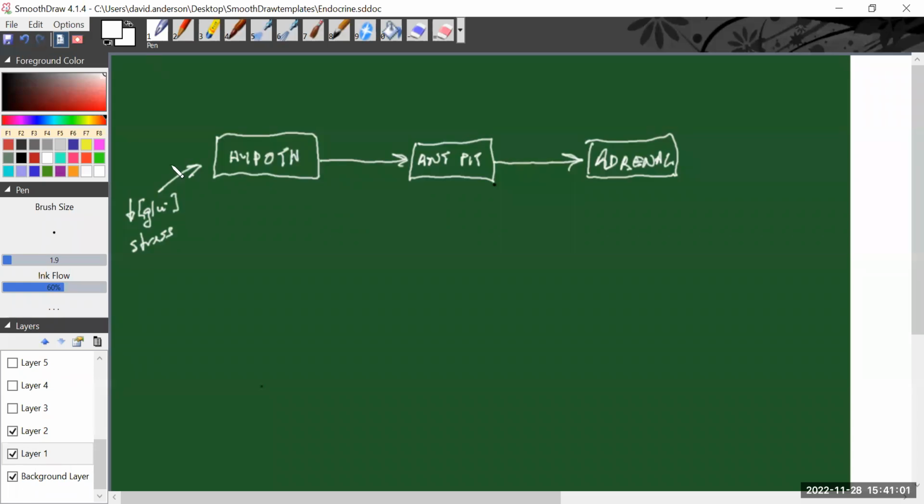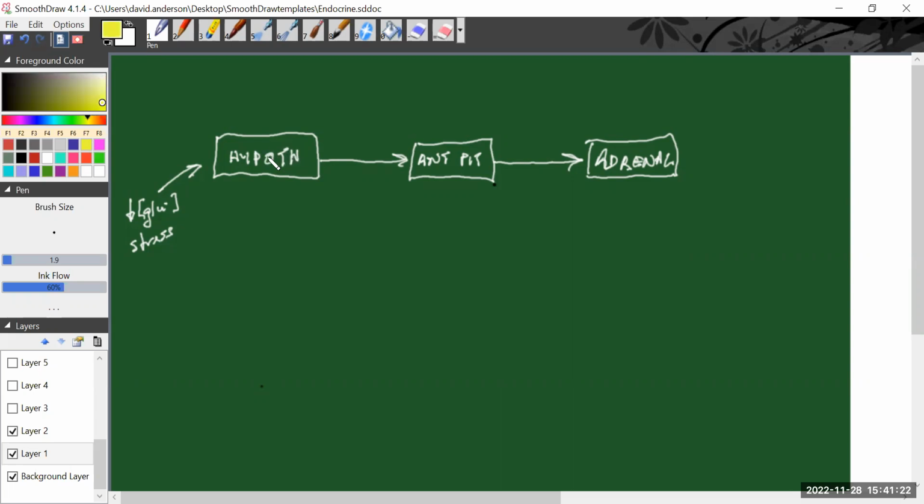Stress really can be a healthy thing or an unhealthy thing. So any kind of stressor will stimulate this pathway. And that stressor might be the requirement for repair after an injury, for example. That would be categorized as a stress. Even growth, arguably, is categorized as a stress. It's a good stress, but it's still a stress.